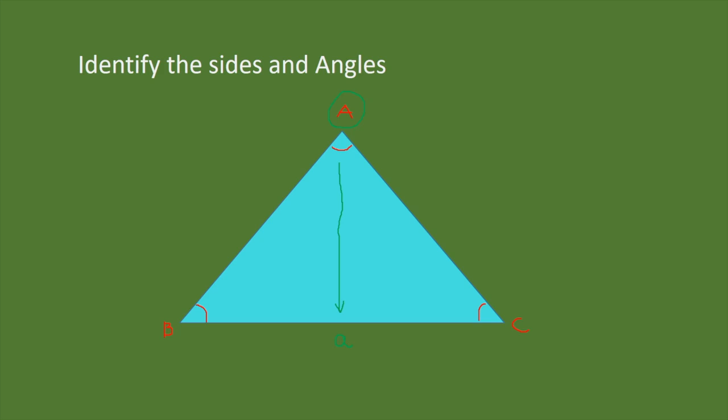So in here this vertex is marked as B, and the side opposite to that can be labeled as B but in lowercase, and C, this is marked as simple C. So this is how we are going to label the triangles before we start with our sine rule.